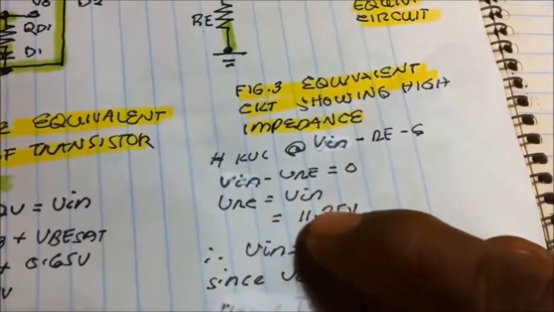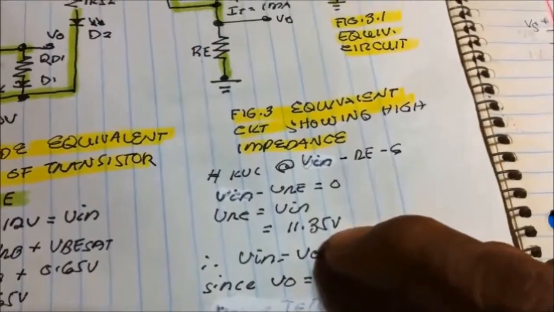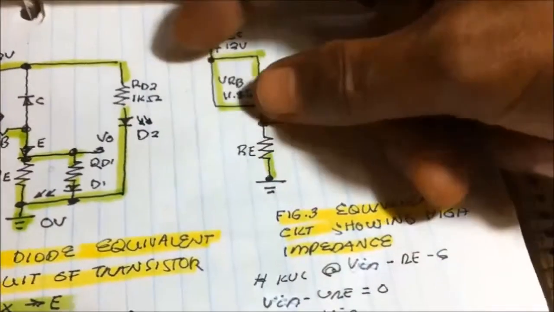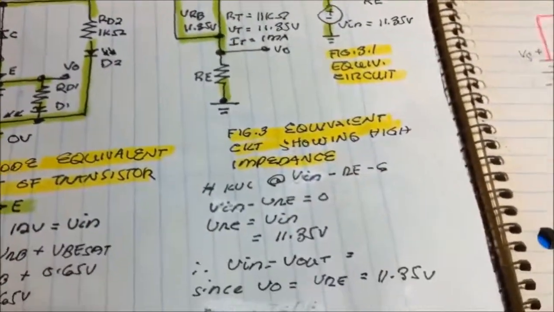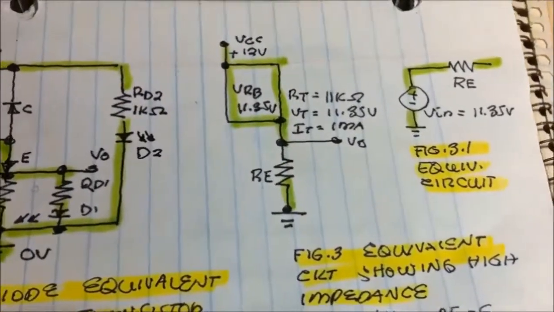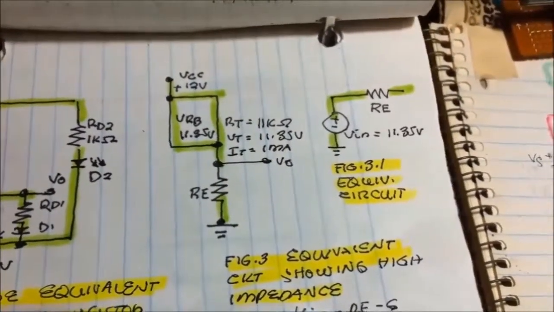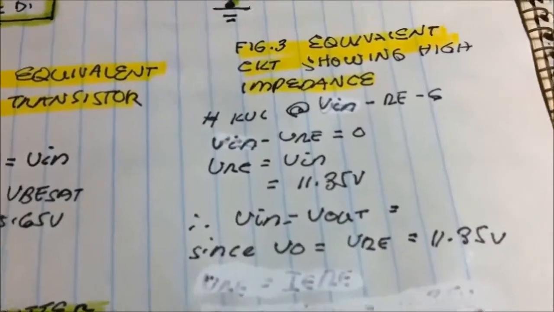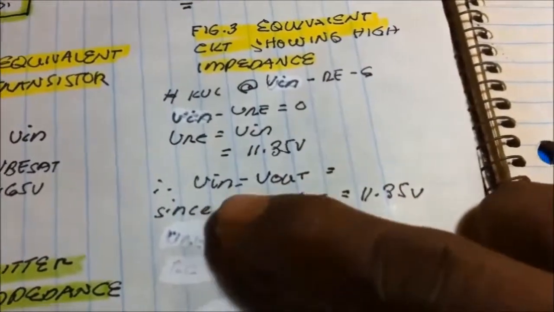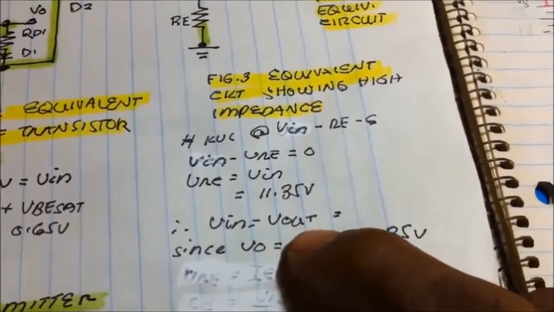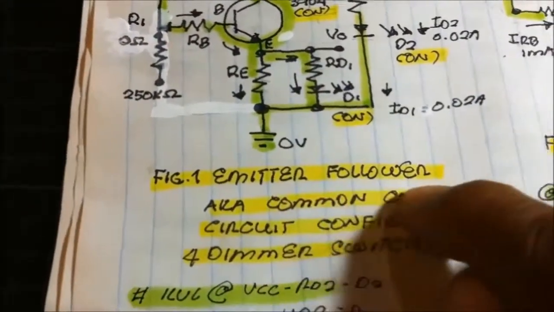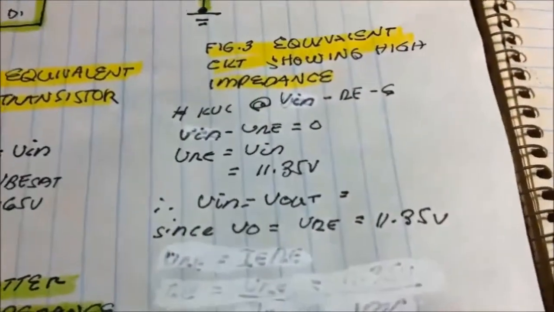Using transposition, we got 11.35 volts. So in the emitter follower, voltage output is equal to voltage input. Therefore, voltage input is equal to voltage output in case we have this emitter follower circuit.